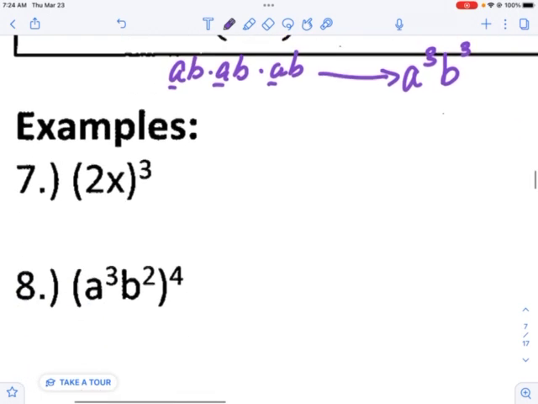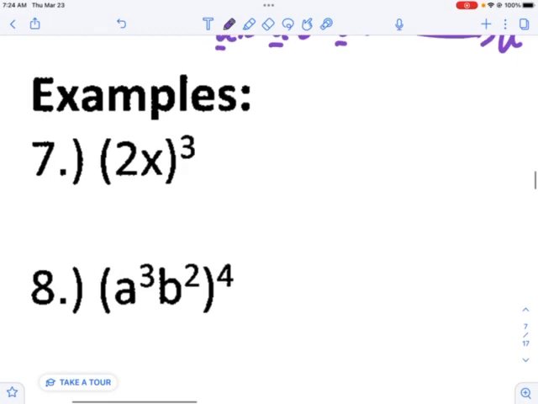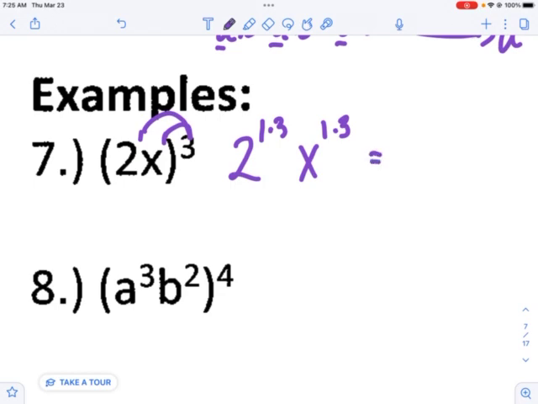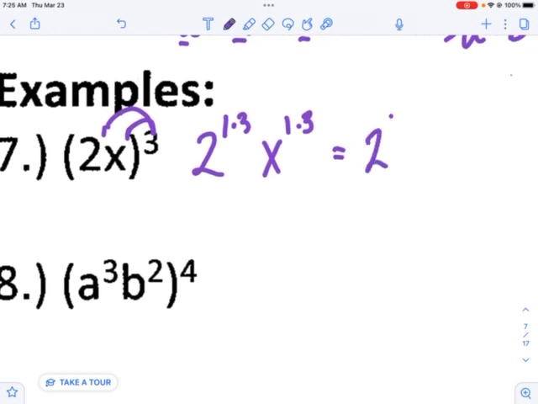All right, so let's look at these examples here. So I have 2x raised to the third power. Now, for 2, I have an exponent of 1, and for x, I have an exponent of 1. So when I distribute the 3 and I multiply, 2 to the 1 times 3, x to the 1 times 3, I get 2 to the third times x to the third.